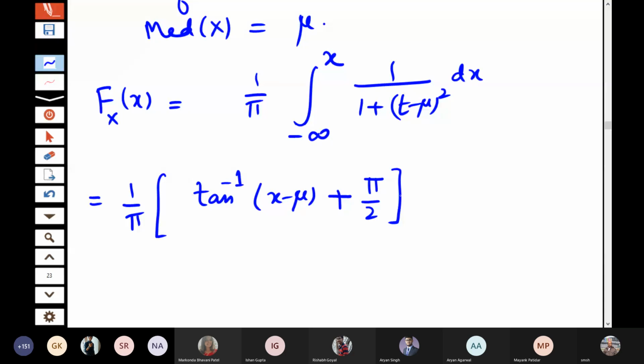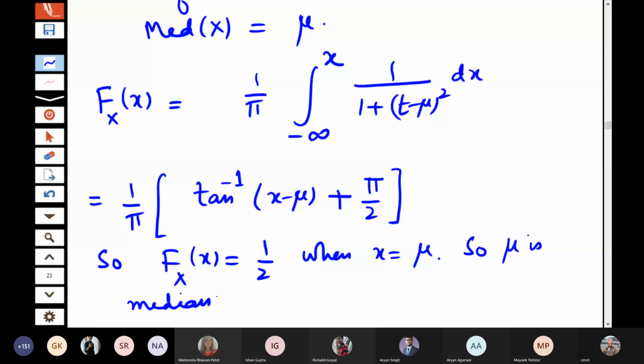So you can see here that at x equal to mu, the tan inverse will become 0, so you will get half here. Let us also see what are the other quartiles. F(x) is equal to half when x is equal to mu. So mu is the median.